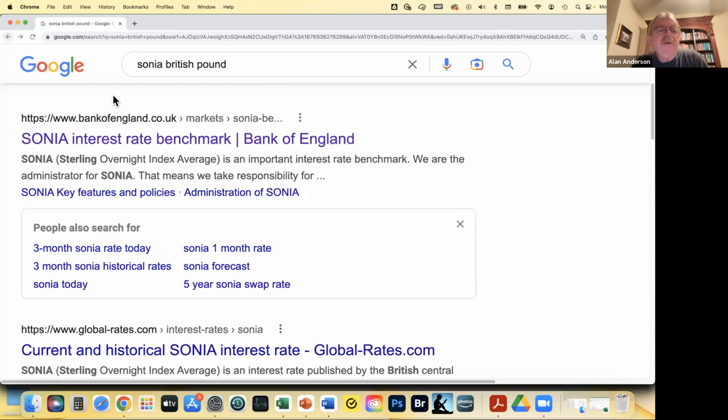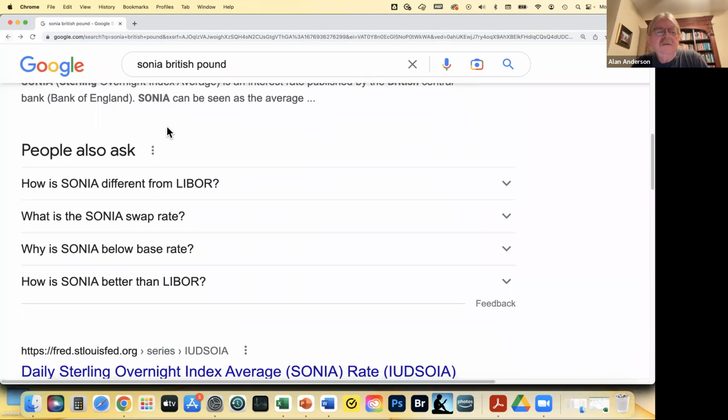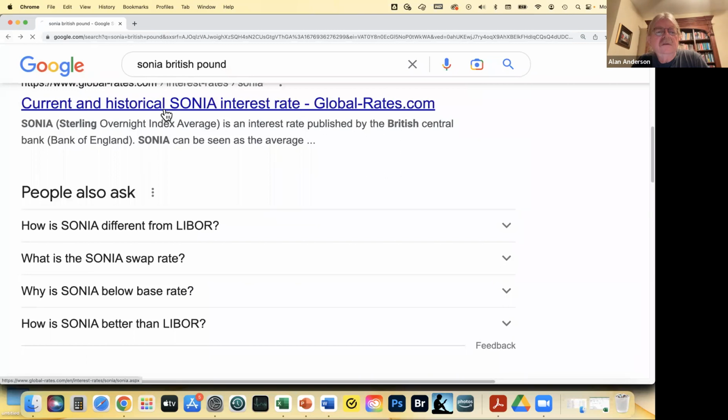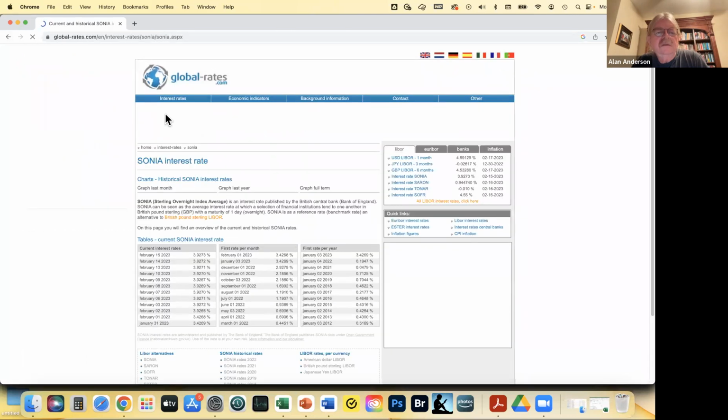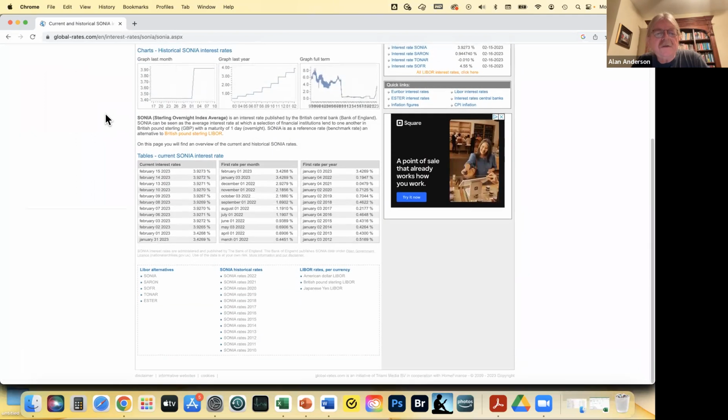Okay, but I was hoping that somebody would have put together a table. Now you see, this is meant to be the entire history of Sonia, and it looks like it only goes back, wow, to March of 22. No, wait a minute. Some of these go back to 2012.